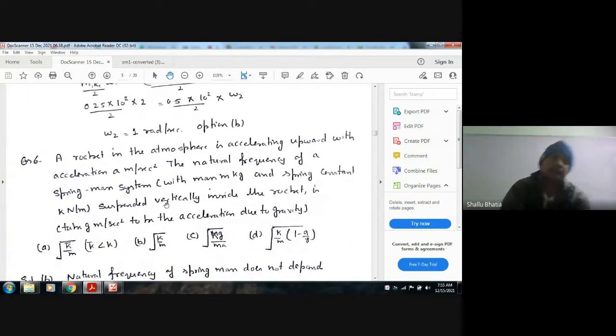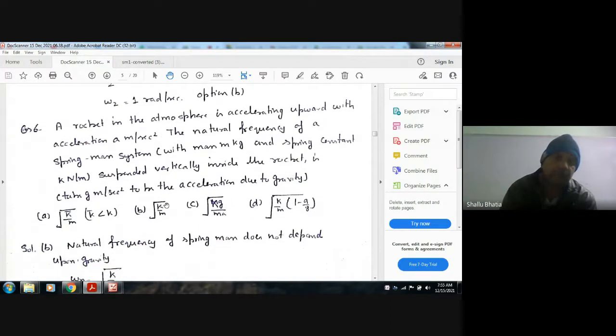Next, a rocket in the atmosphere is accelerating upward with acceleration a meter per second square. The natural frequency of a spring mass system with mass m kg and spring constant k newton per meter suspended vertically inside the rocket is?